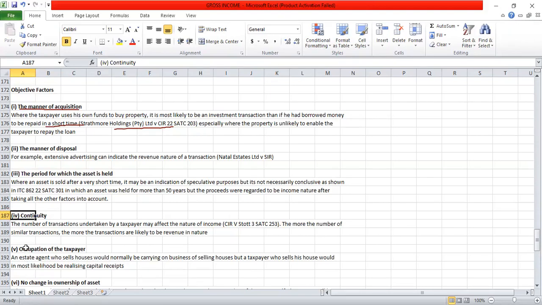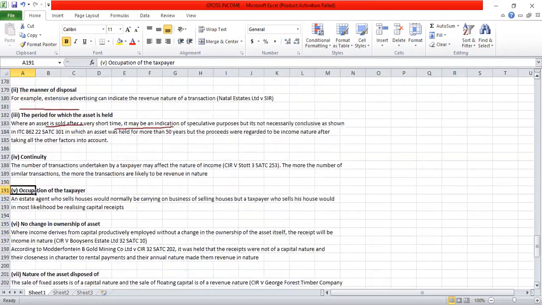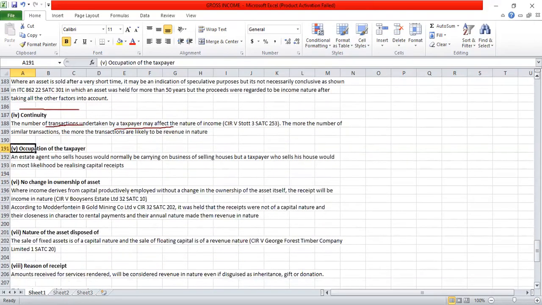Right. Then occupation of the taxpayer, your job. If you are into trading shares, whenever you buy shares, it will be almost obvious that those shares are for trading. If you are into selling houses, if you now buy a house and sell it, we would assume that it's a part of your job.